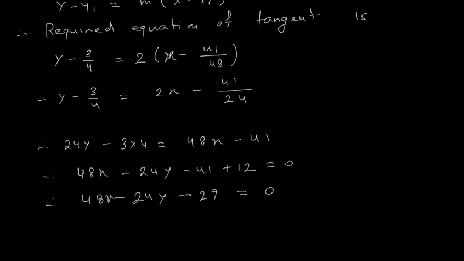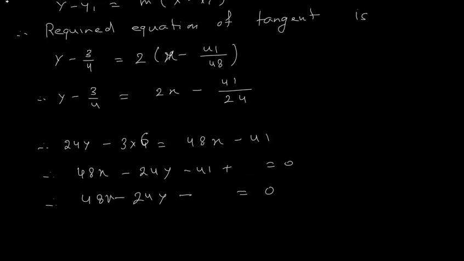Sorry, by 24. So we got 24y minus 3 into 6, equal to, here we got 48x minus 41. So we have got one mistake here: 48x minus 24y minus 41 plus 18. So this is not 12, this is 18.